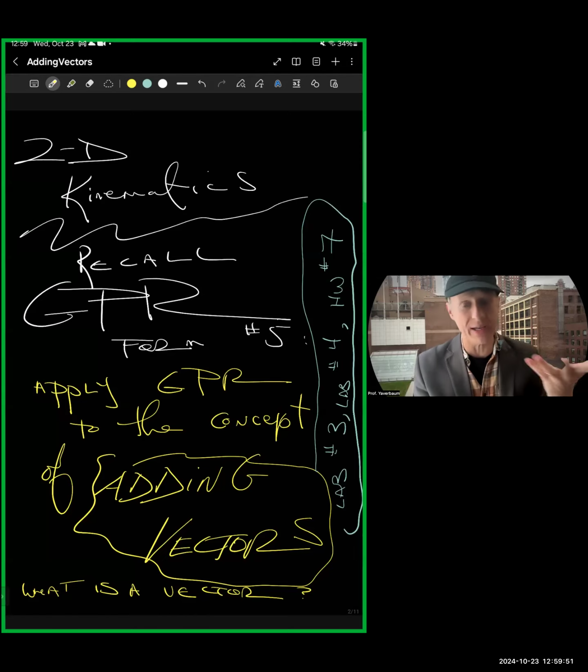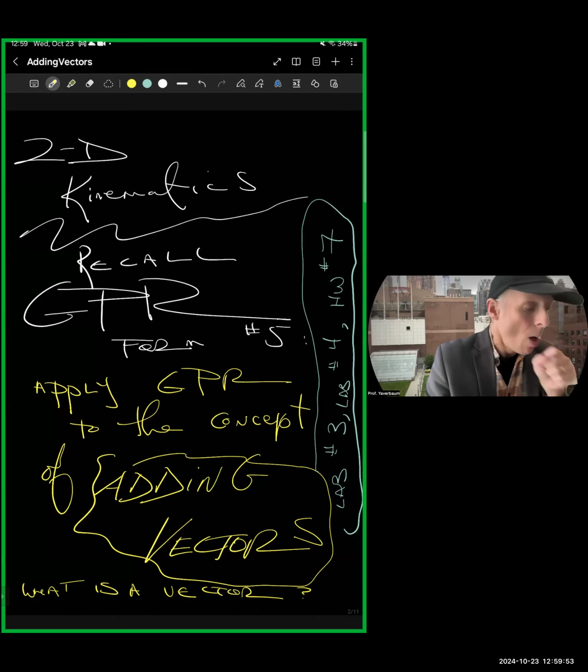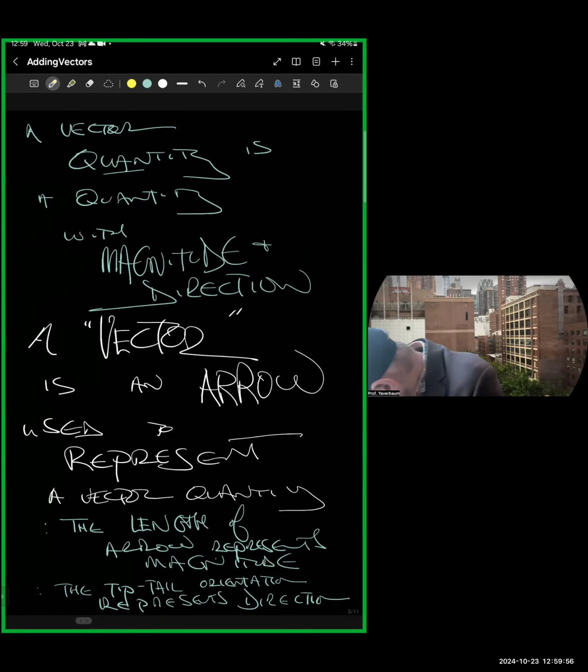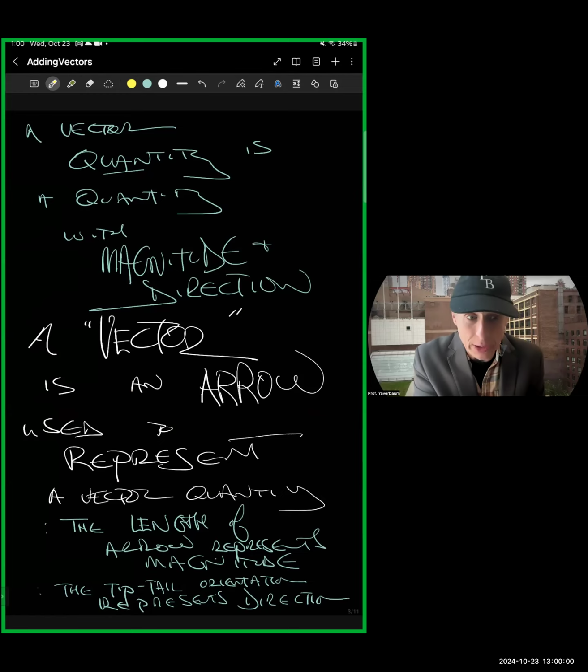Before I go any further, I've got to say, what do I mean by a vector exactly? Okay. A vector is a graphical or pictorial representation of a vector quantity. Let's remember, in this class already, we make this distinction between quantities.